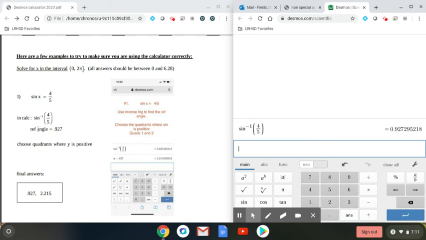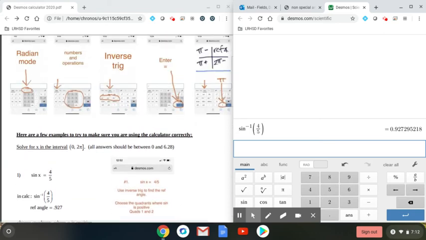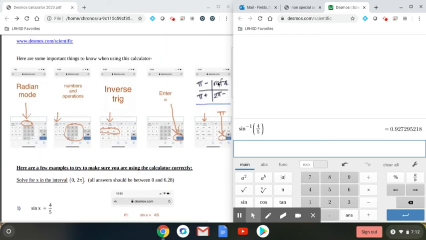Now, since we're working with sine and we have a positive 4/5, we want to think about the quadrants in which y is positive, because remember, we always end up having two of these angles. If we think about our quadrants, we know y is positive in quadrant 1 and in quadrant 2.